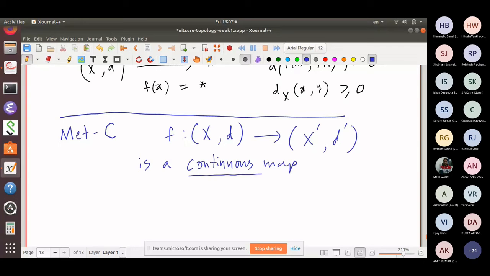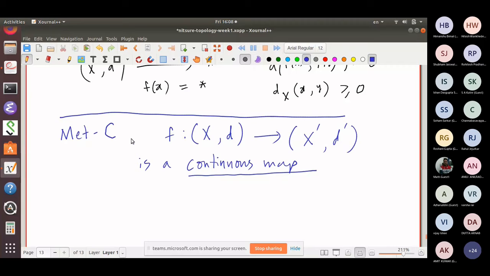All of you know the definition of continuous map, yes? Is there anybody who wants to hear the definition of continuous map? No, you have known it for the last few years, I think.